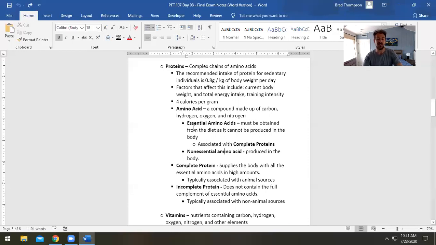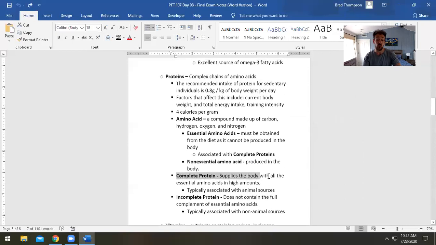So an essential amino acid has to be obtained from your diet because you cannot make it. This is where we talk about what is a complete protein versus an incomplete protein. A complete protein is a protein source that contains all of the essential amino acids in high amounts. These are typically associated with animal products, right?